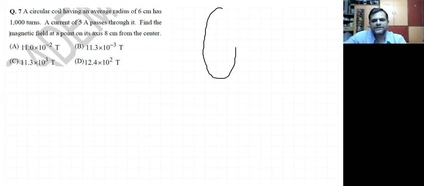So suppose this is the circular coil. Its radius is given, its current is given, and the number of turns is also given.